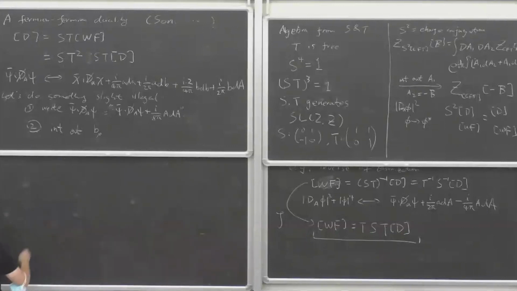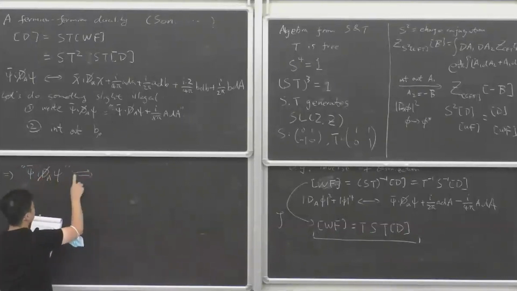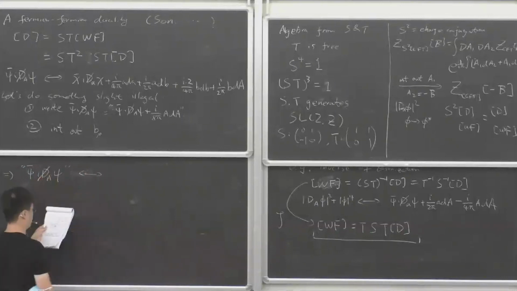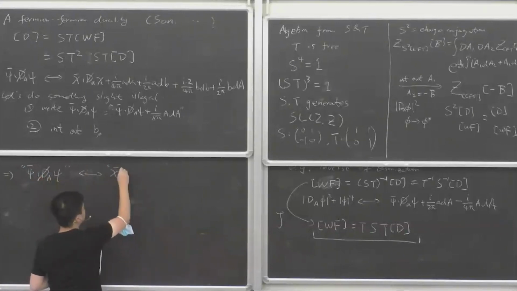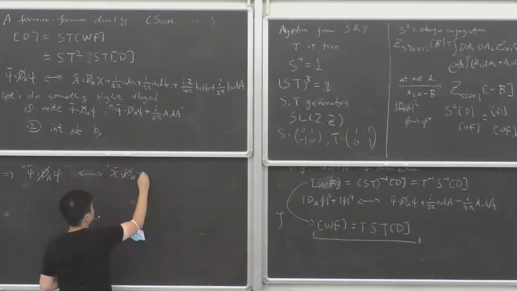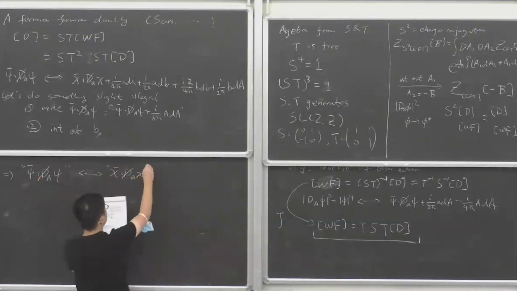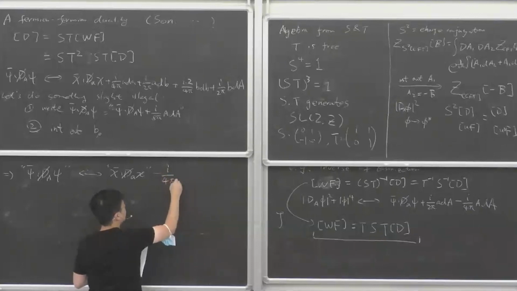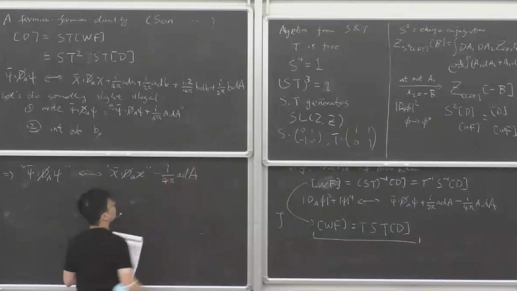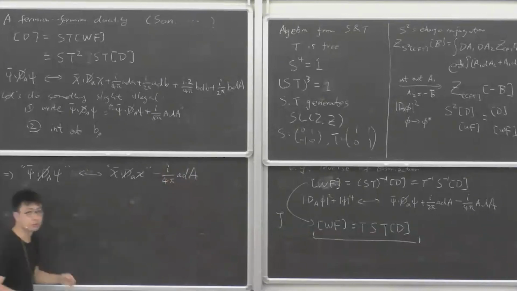You get this: the Dirac fermion is dual to another Dirac fermion, but coupled to a dynamical gauge field. And that's it. It's a much shorter equation.